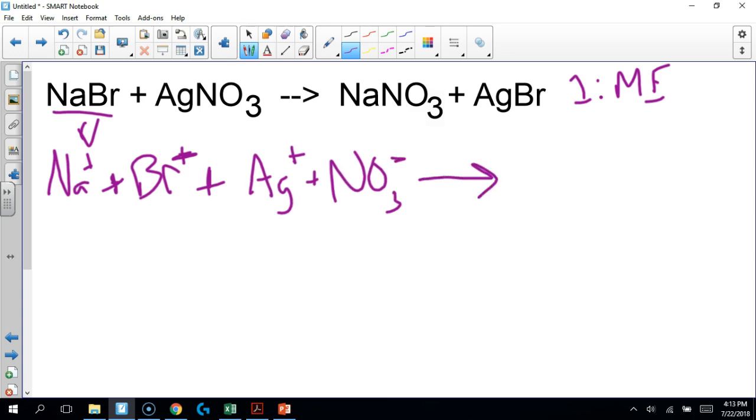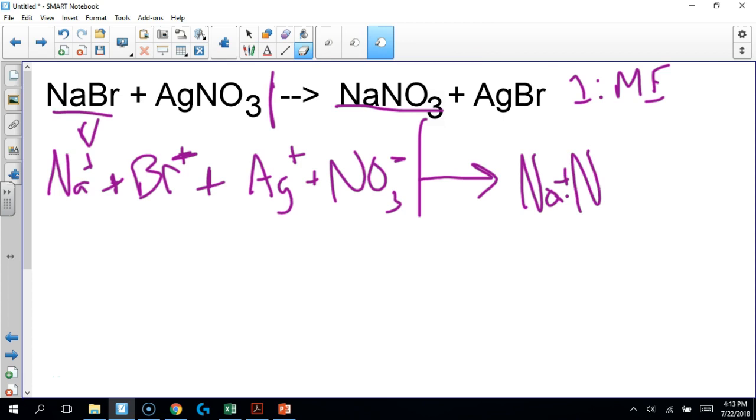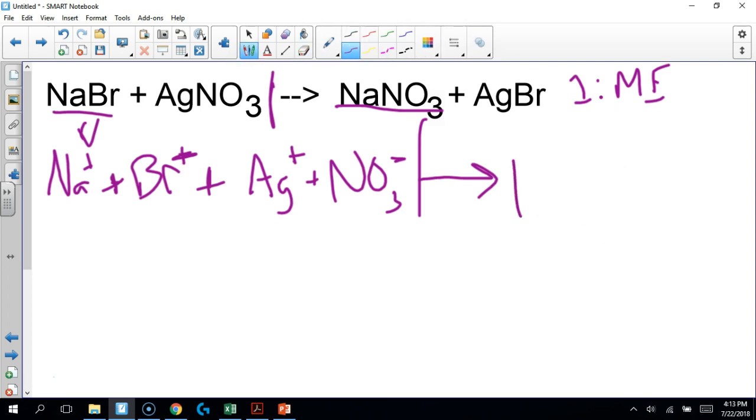Our arrow doesn't change. Here are the end of the reactants. And now this splits apart. Na plus. Let me get rid of that here. Make sure that it's written clearly. So it splits apart into Na plus NO3 minus.